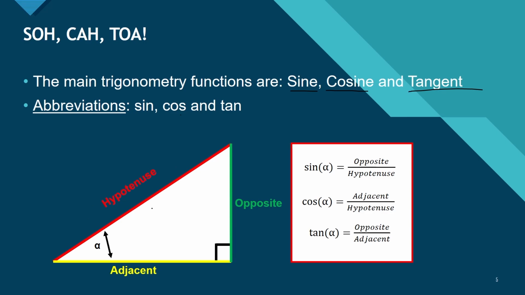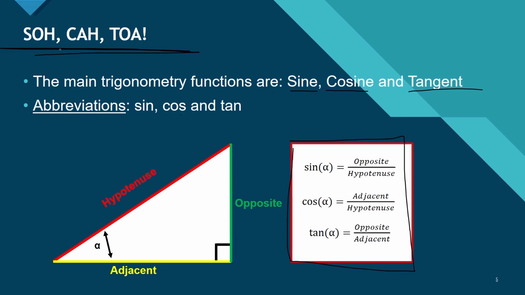For example, the sine alpha function, in this case, will give us the ratio of the opposite side and the hypotenuse. If you are wondering what this stands for, is this a magic spell or something? It is just a fun little phrase to help you memorize the equations for these functions.